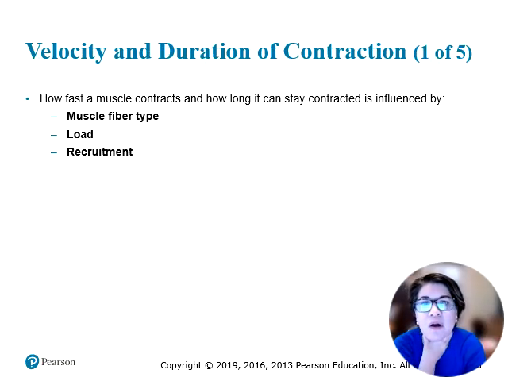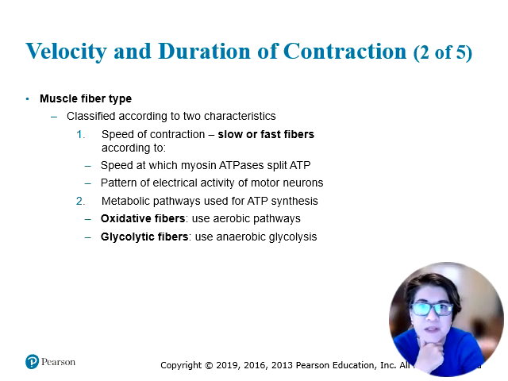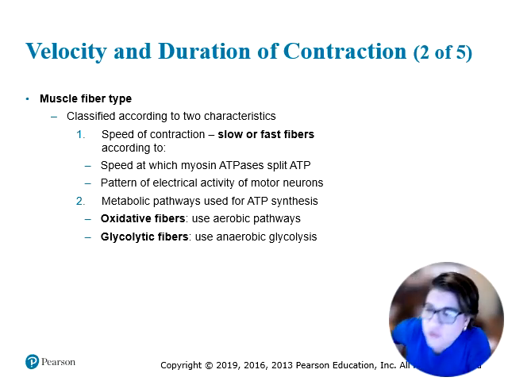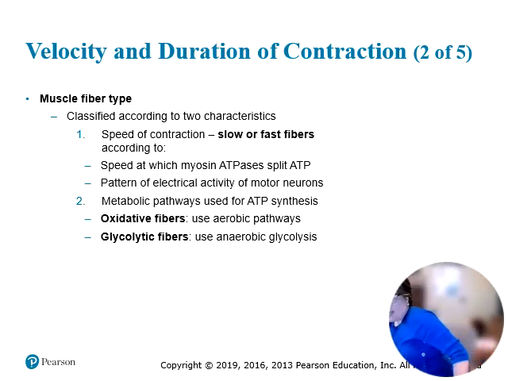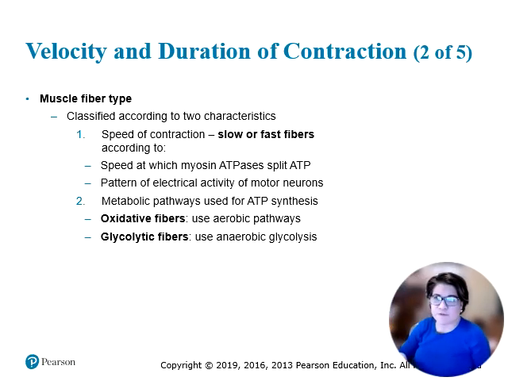Okay, and then how fast it contracts and how long is influenced by muscle fiber type, load, and recruitment. So muscle fiber type, there are two different types of muscle fibers, slow and fast, and different people have different numbers and different proportions of them. Slow twitch muscles have more endurance and they contract more slowly, and then fast twitch muscles have more power, but they contract more quickly.